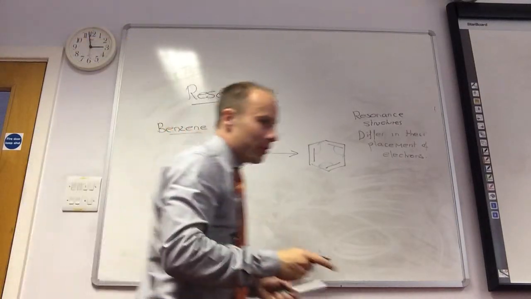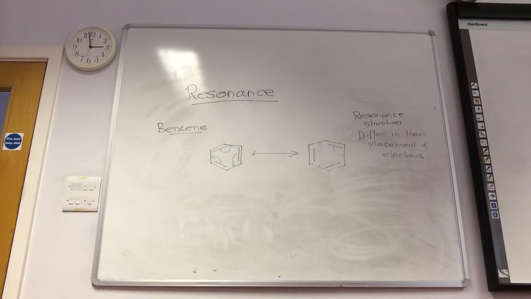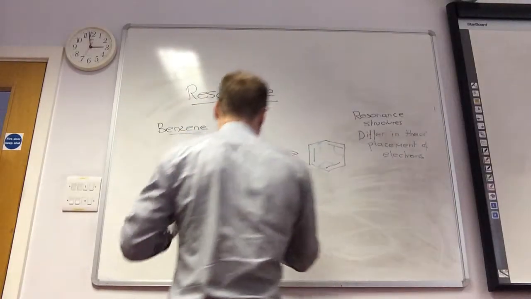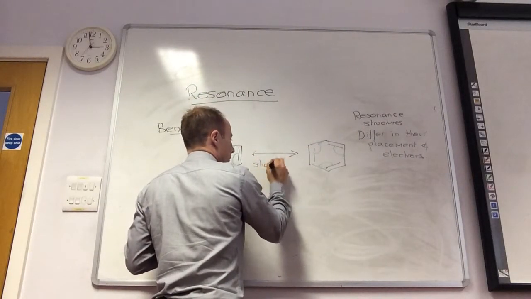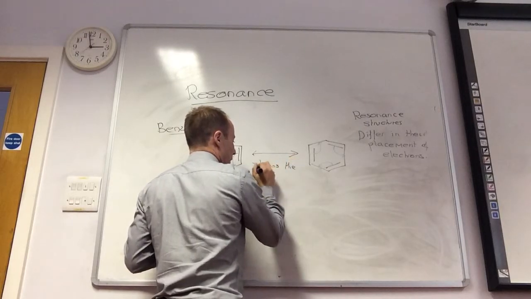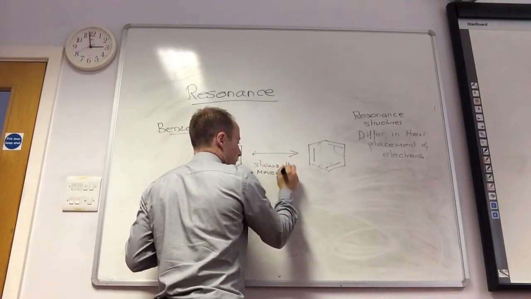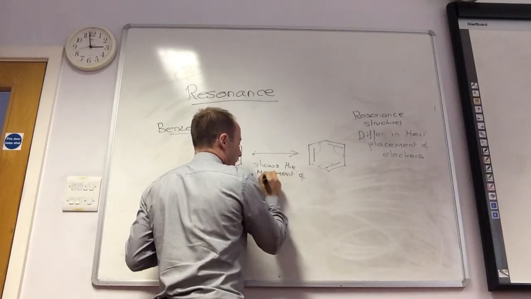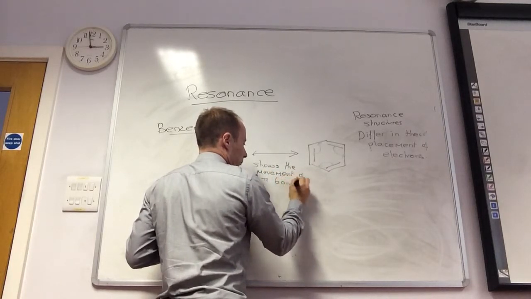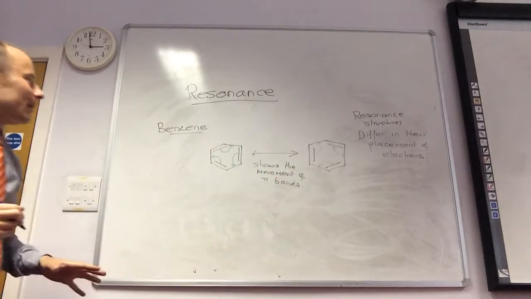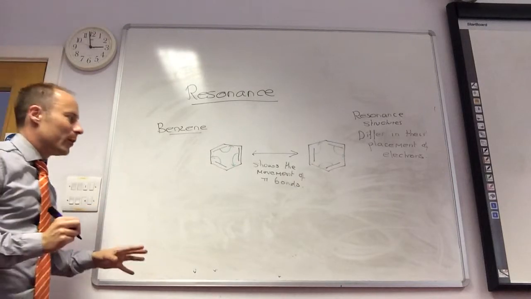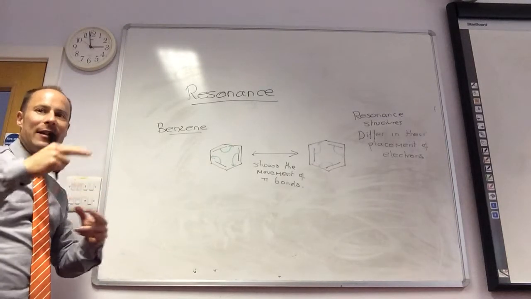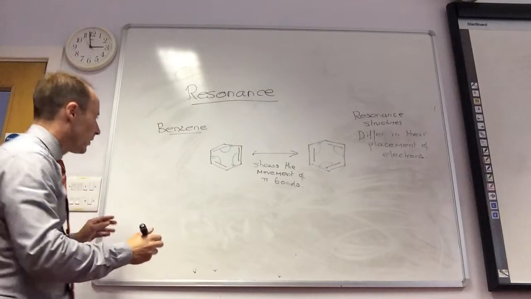This shows the movement of pi bonds. The other resonance structures that we can draw involve lone pairs becoming double bonds and so on.